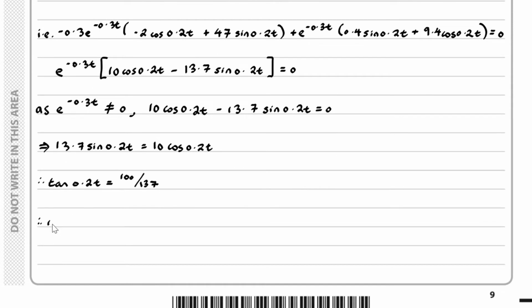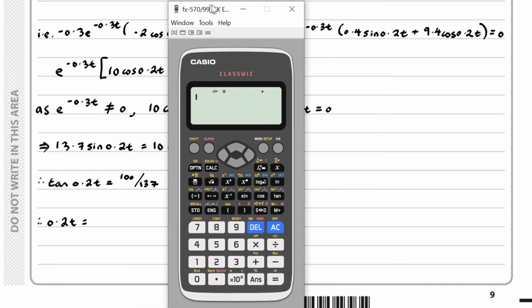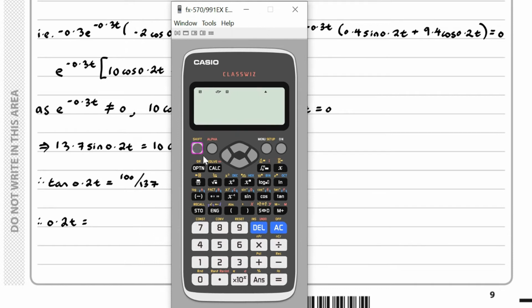So therefore, 0.2t, that's equal to the inverse tangent of this result. So if we work that out, we've got the inverse tangent of 100 over 137, which is 0.6305, etc.